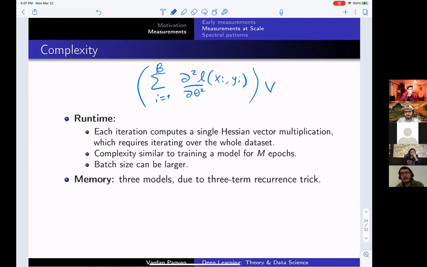I don't see why it's proportional to B, because couldn't any one of these matrices be full rank? No. Why is that? Okay, I guess I'm thinking about the Fisher information, but you're thinking about the Hessian.